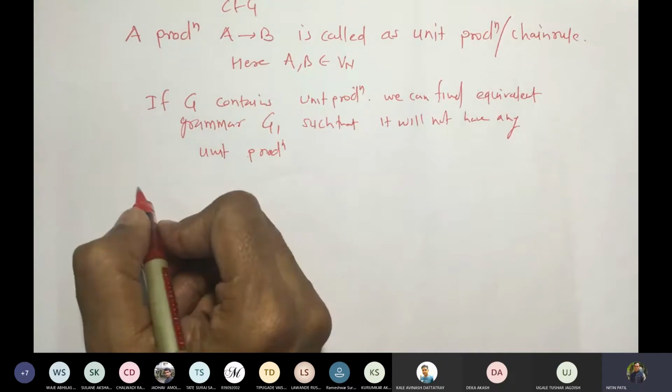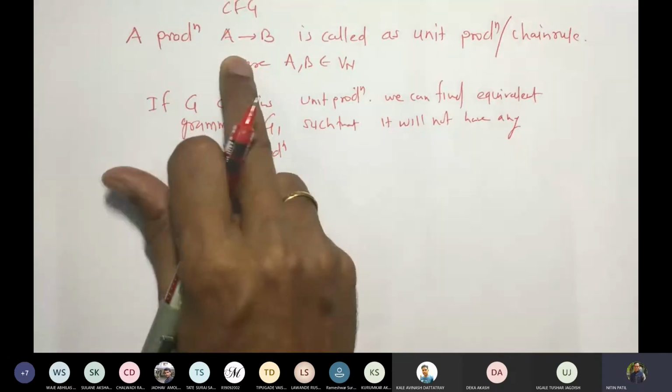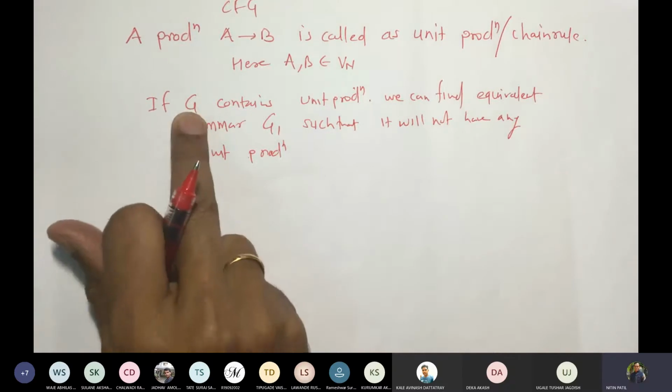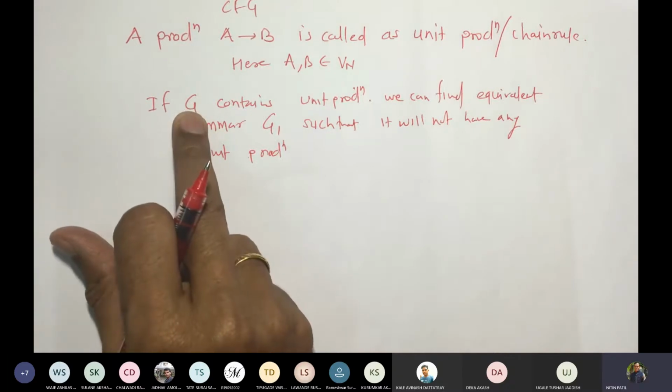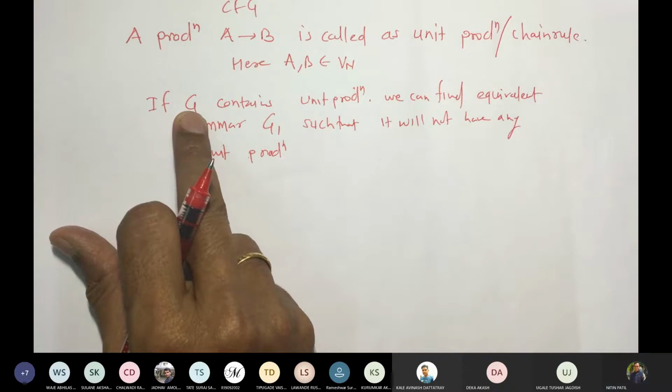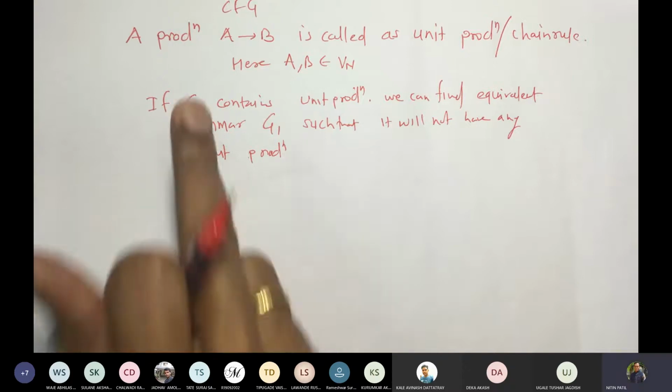So we will do what? For every variable in G, we will construct what you can call a W set.